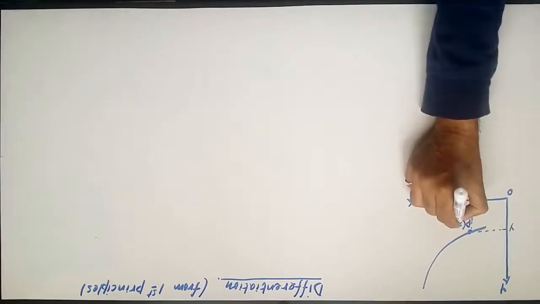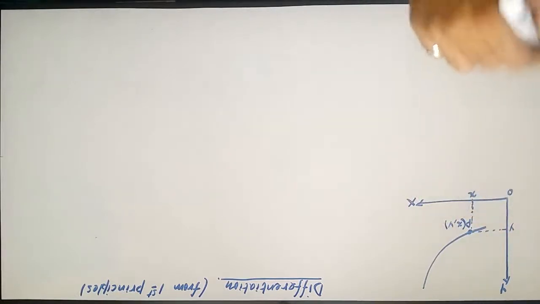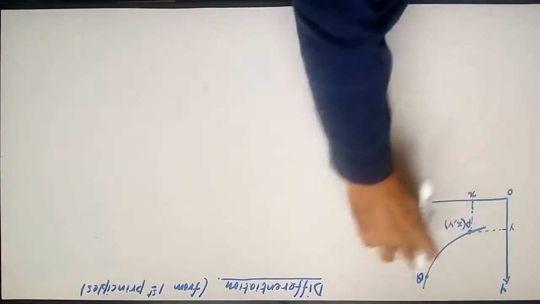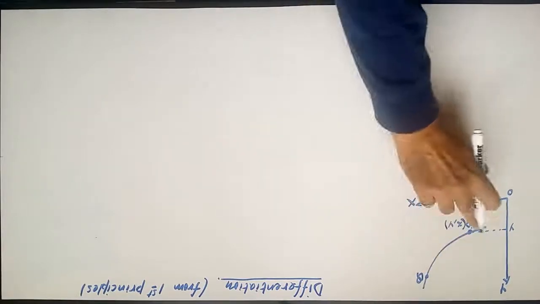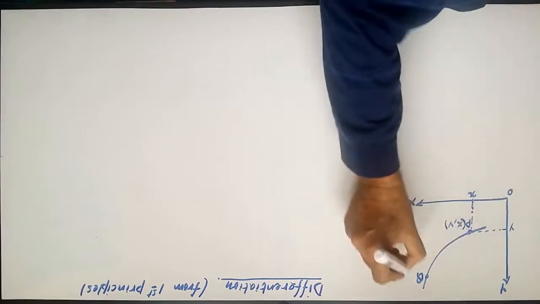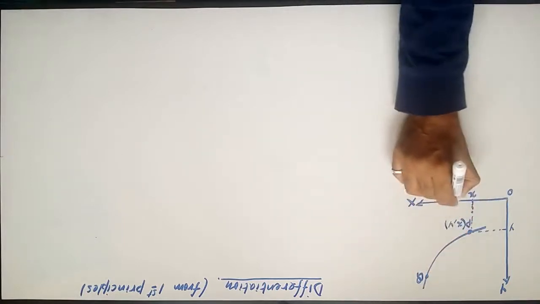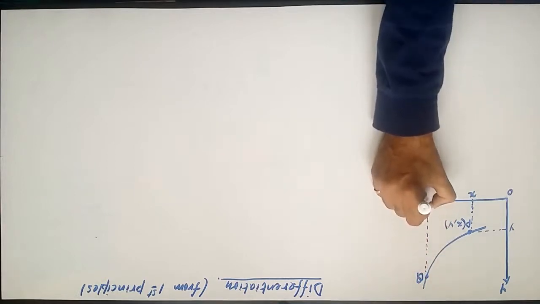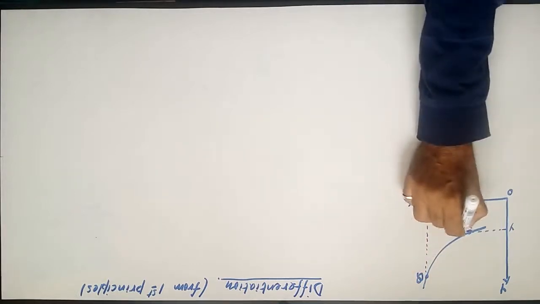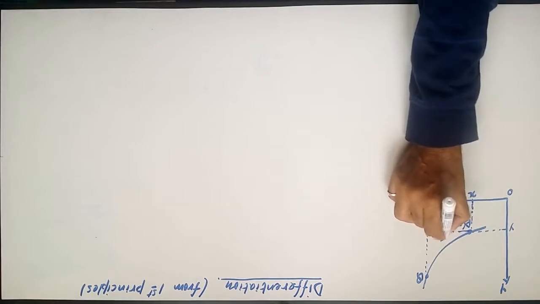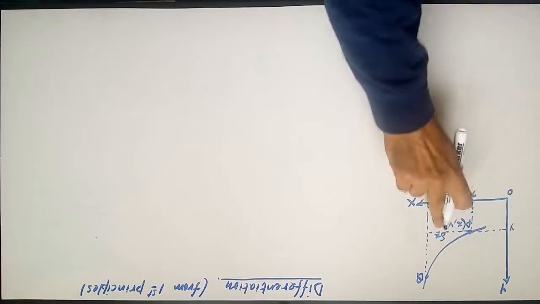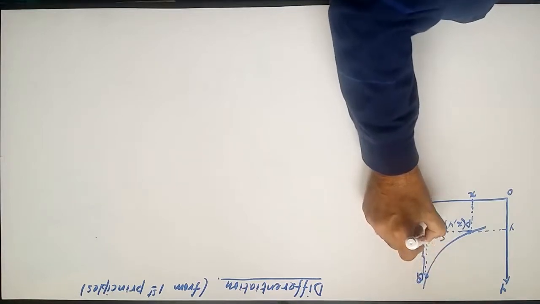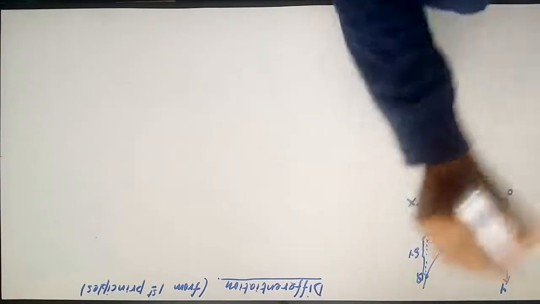Now let's take another point Q, a little bit away from P, at a distance of delta x and delta y.